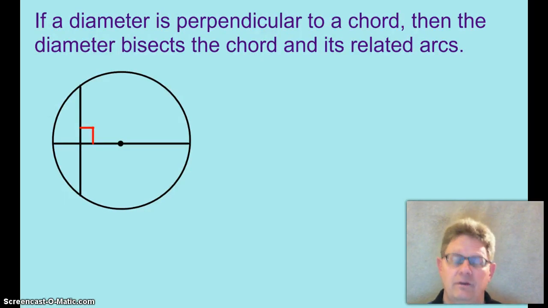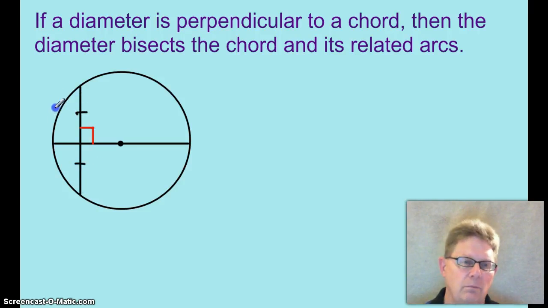If a diameter, if you know it's a diameter, is perpendicular to a chord, then the diameter bisects the chord and its related arcs. So this time you know for sure it is a diameter, and it is perpendicular to another chord. Really cool things are going to happen. This part of a chord and that part of a chord, that's going to bisect that chord.